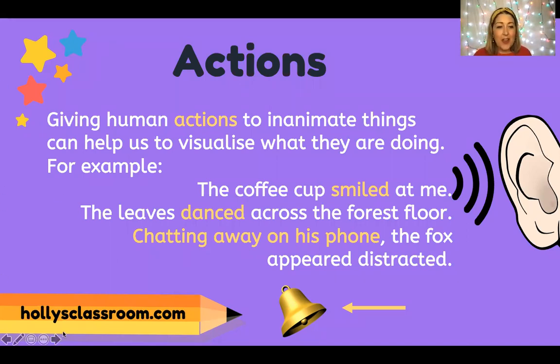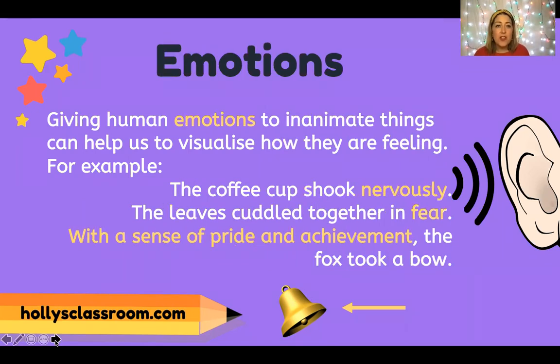Right, now we're going to move on to emotions. So giving human emotions to inanimate things can help us visualize how they're feeling and understand and empathize with how they are feeling. So for example, the coffee cup shook nervously. So nervous is not really something that a coffee cup can feel, but writing it in that way, it does bring the coffee cup to life.